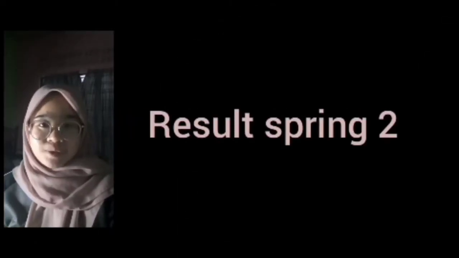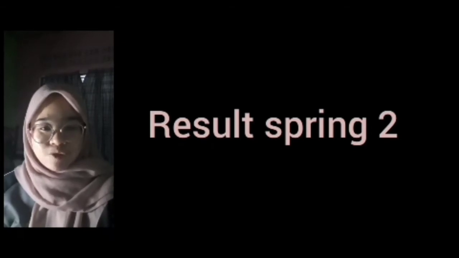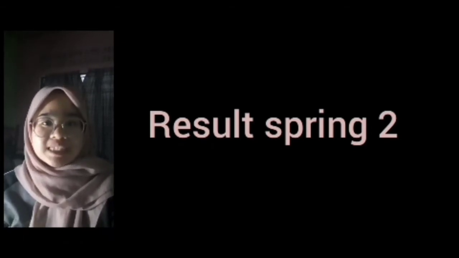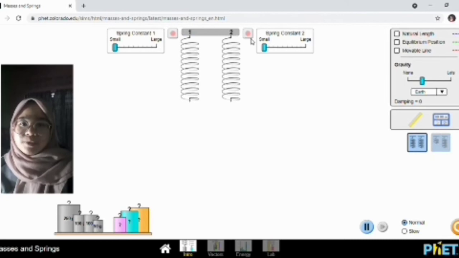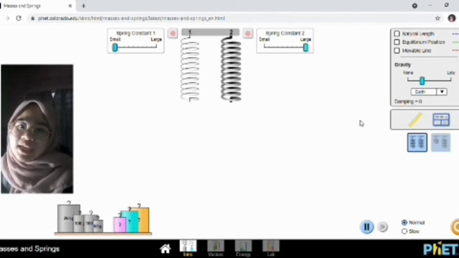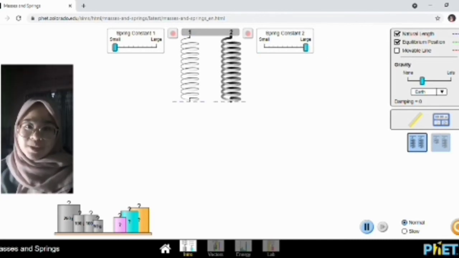Assalamualaikum warahmatullahi wabarakatuh. I'm Nur Hazira binti Habib from DMP2E. Metric number 08DMP20F1011. Today I will discuss the result related to the second spring, so let's look together. At first, we set the greatest spring constant, turn on natural length, equilibrium position, and movable line.